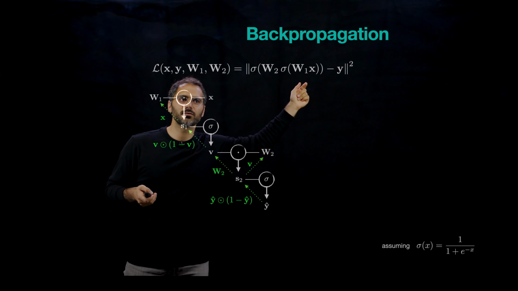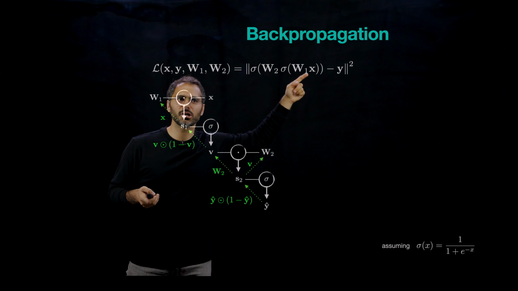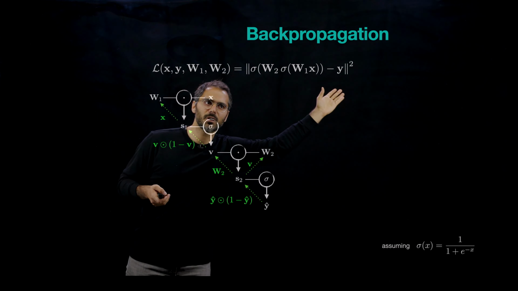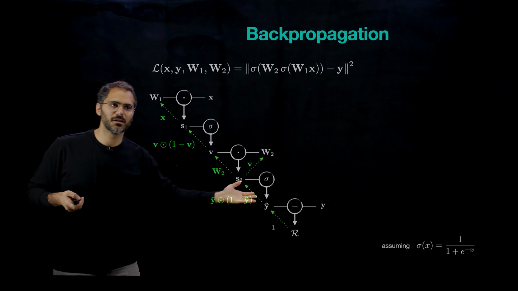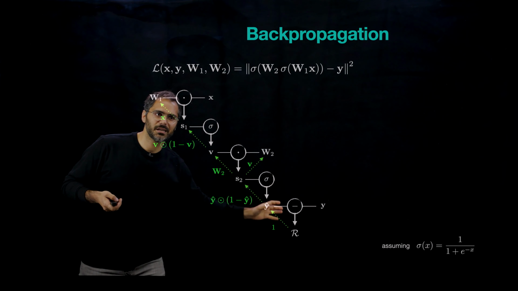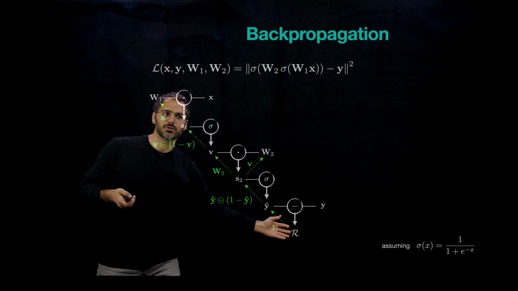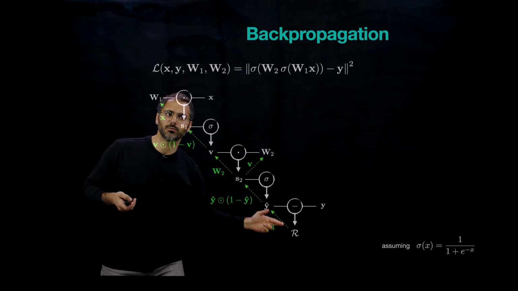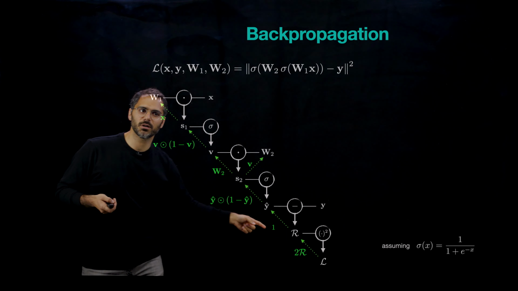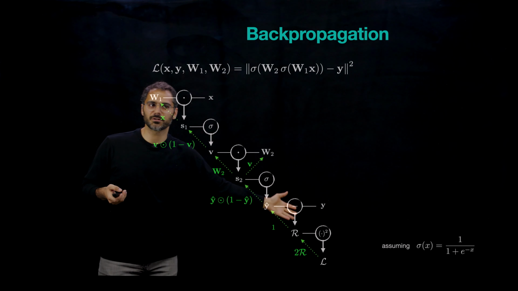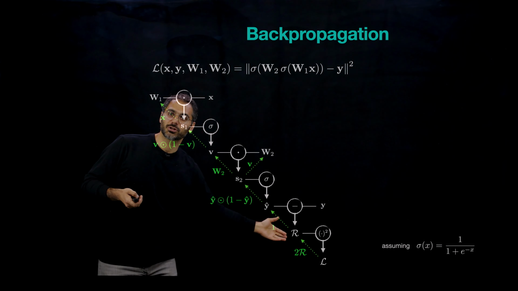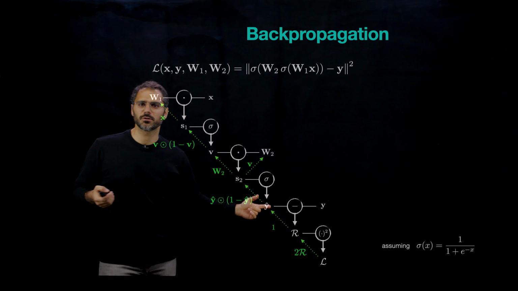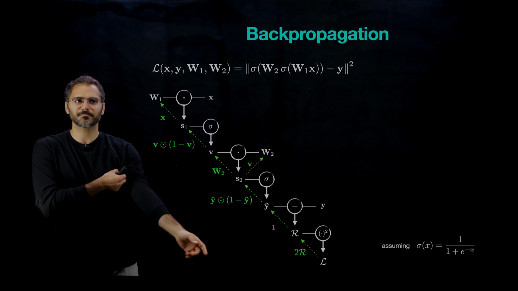Okay, and now to get to the loss, I need to take y hat minus y and square it. So I take y hat minus y, I get the residual, and the gradient of the residual with respect to y hat is 1. And finally, I square the residual to get the loss. And now the gradient of the loss with respect to the residual is 2r.